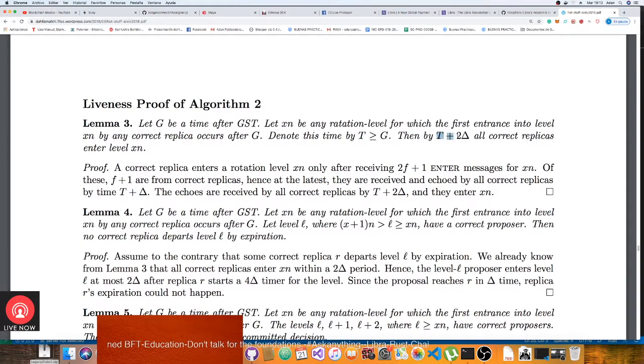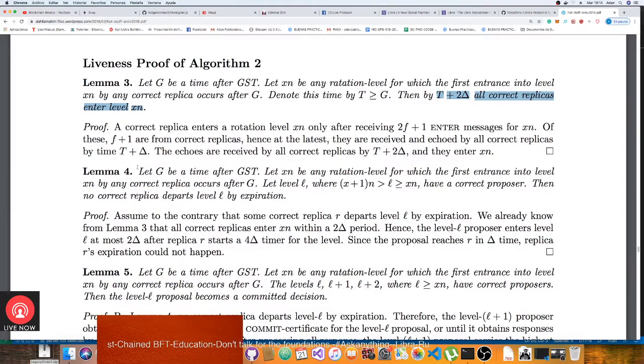Then by T plus 2 delta, all correct replicas enter level X. So this is all about how this property, called G, handles the global stabilization for the levels, and the condition that you have in the correct entropy of the 2 deltas, for all correct replicas to enter the level. So the proof of this is: a correct replica enters a rotation level. That is the condition that you specify for the protocol specification that you are thinking of.